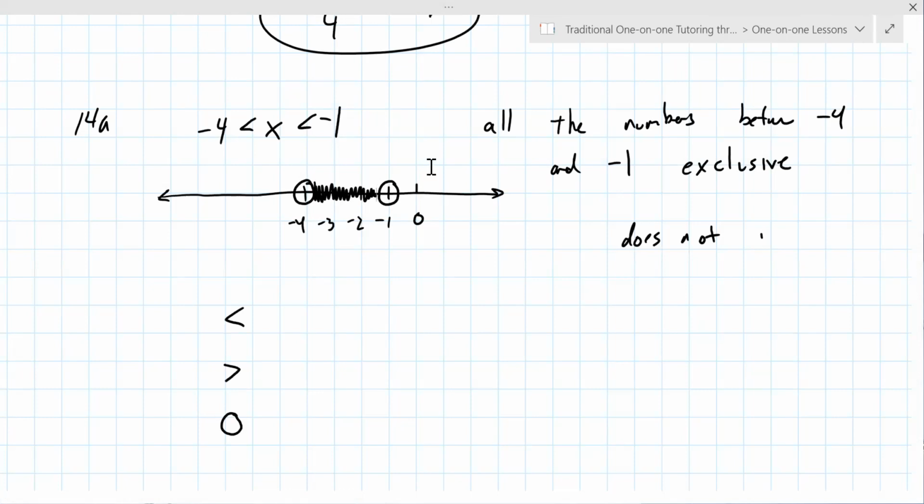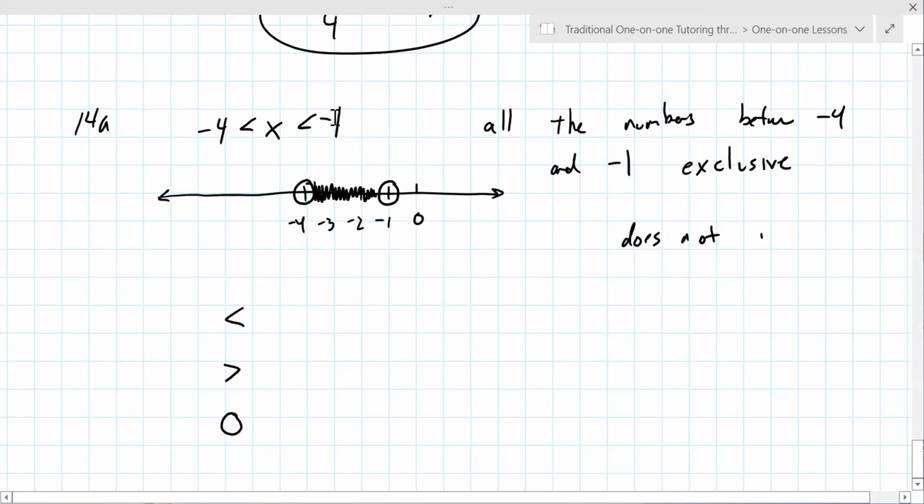The shading tells you it's all the numbers between -4 and -1, but it does not include -4 and it does not include -1, which is what the inequality says. They all say the same thing; there are 4 different ways to say the same thing.